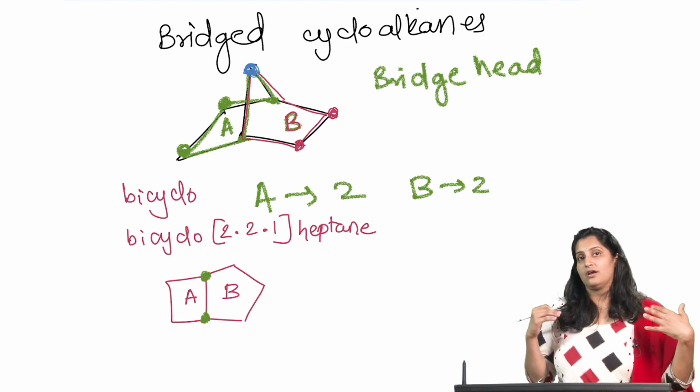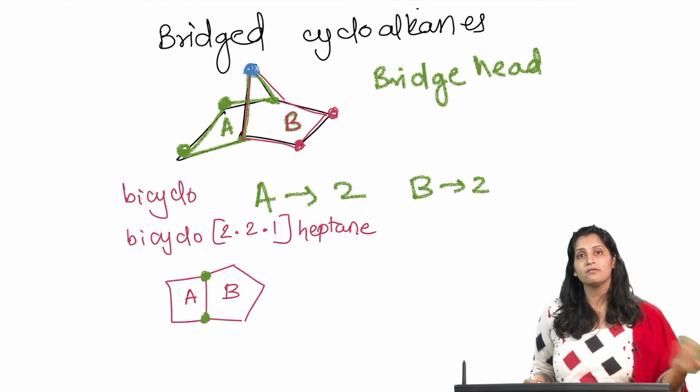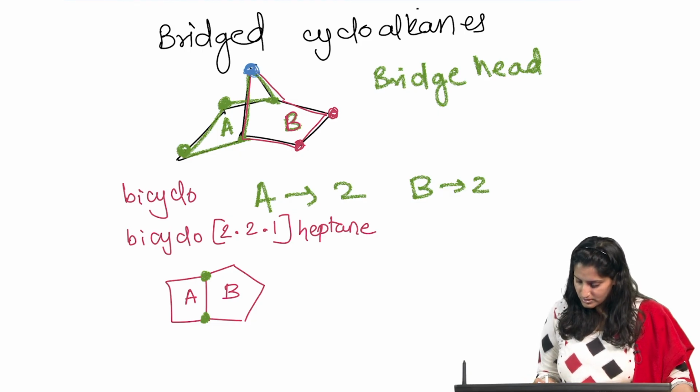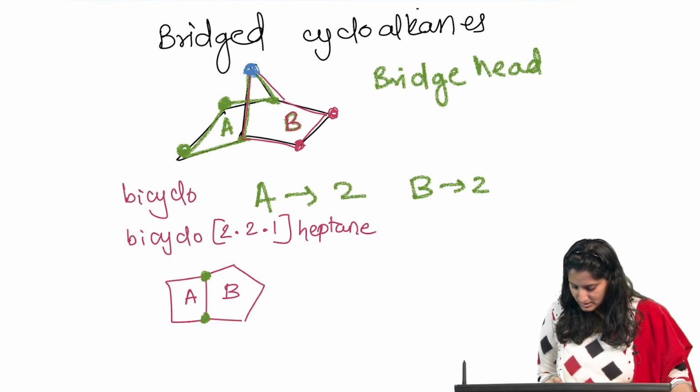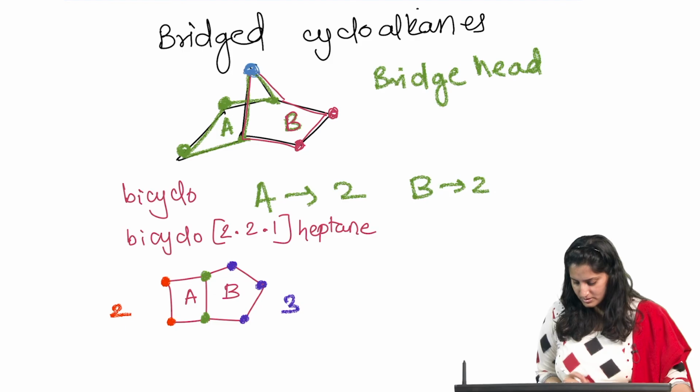As you can see, the bridge has 0 carbons, meaning it is a direct bond between the two bridgehead carbons. So, now I am going to count the number of carbons in ring A. That is 2 carbons. I am also going to count the number of carbons in ring B, that is 3 carbons, right.